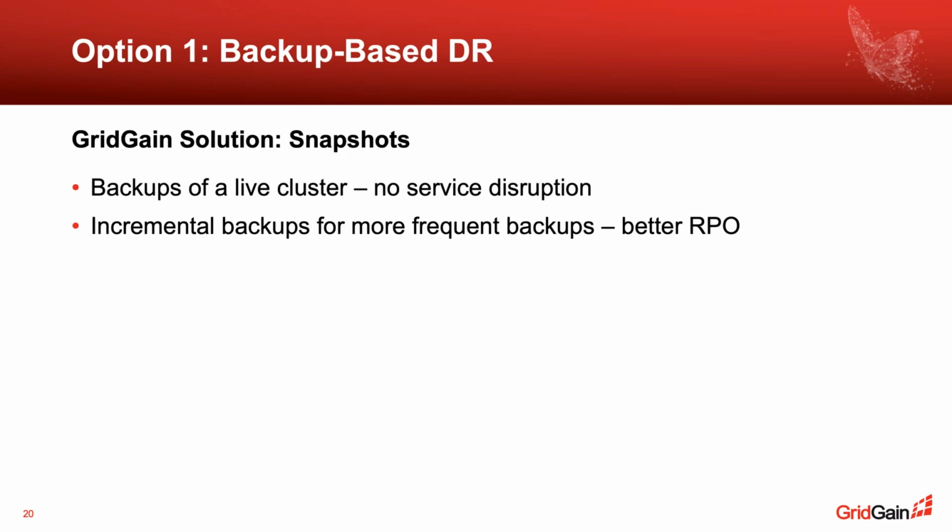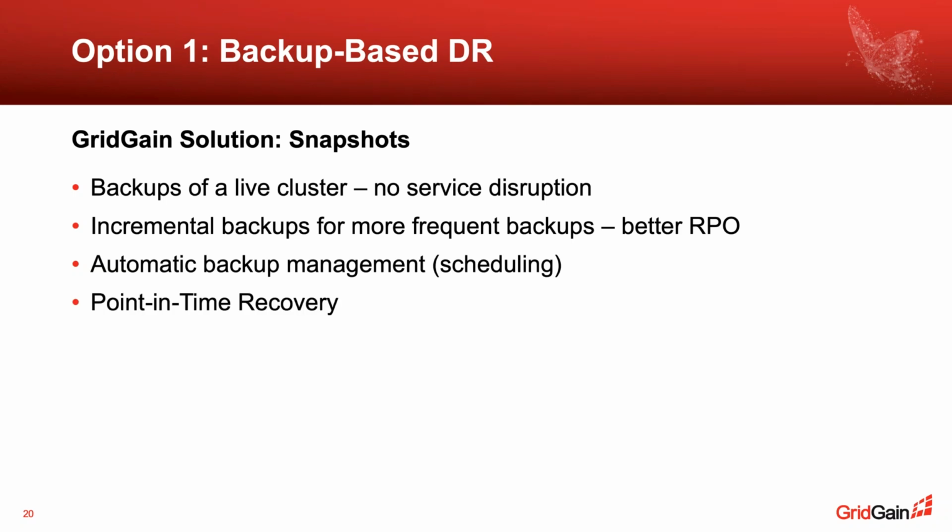And incremental snapshots are more efficient, faster to create, they take less space, and because of that, you can take them more frequently, achieving better RPO parameter. There is tooling for backup management, which also allows automatic backups on schedule, and point-in-time recovery.